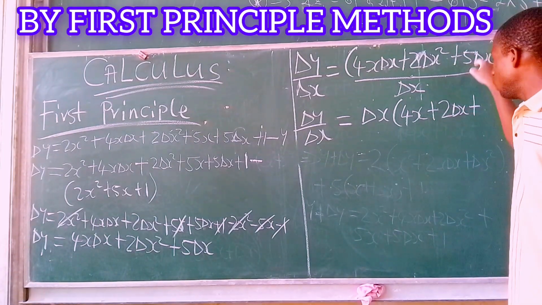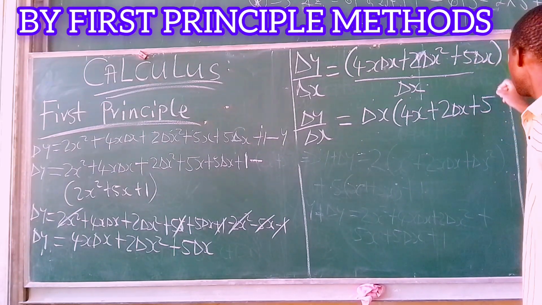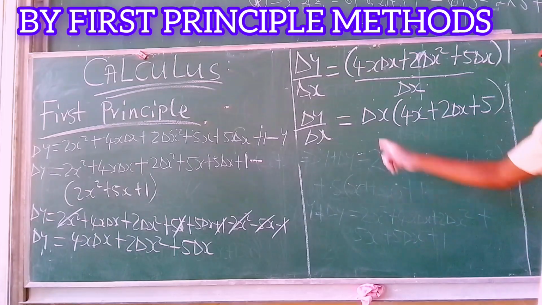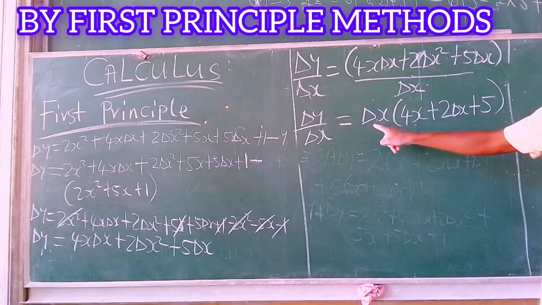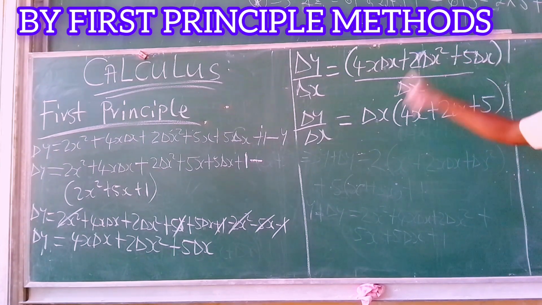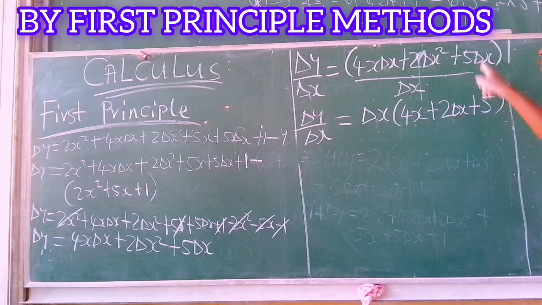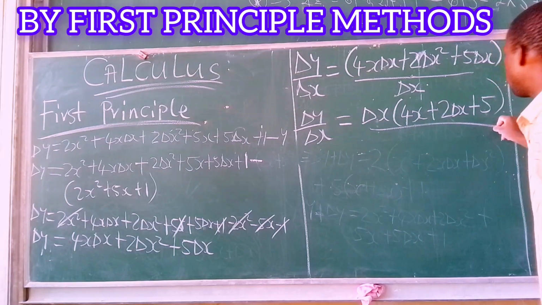plus, if you remove 1 dx from this 5 dx, what remains is 5. Because if you multiply dx times this term, it gives us 4x dx. If you multiply dx times this term, it gives us 2 dx square. If you multiply dx times this term, it gives us 5 dx. We're just factoring it out for simple factorization.